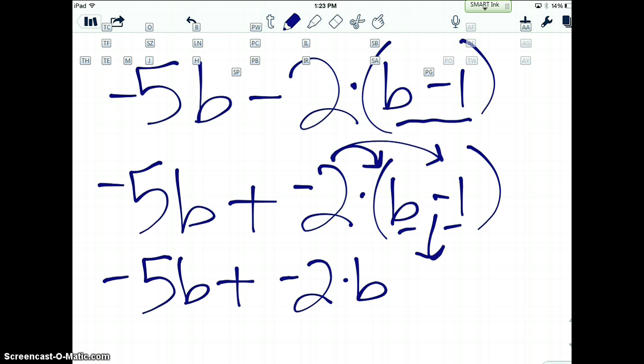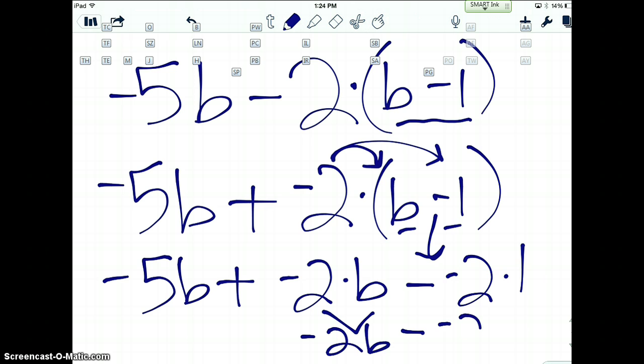I'll bring down that subtraction sign. And then -2 times 1. And then I will simplify what I have. So -2 times b is -2b. And then I have a subtraction sign. -2 times 1 is -2. I'll bring down that -5b plus.